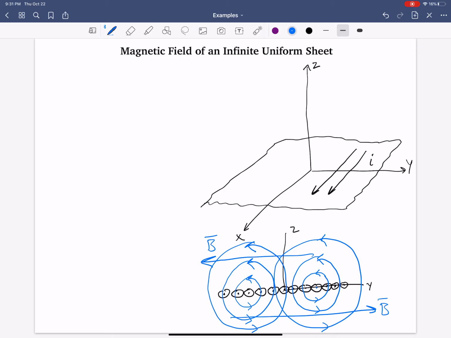That's important for this uniform infinite sheet of charge. Up and down in the z direction, they cancel out at all points. For all y values and all x values, they cancel out. But they do not cancel out for all z values, the heights, in other words. So now let's use Ampere's law to determine the magnitude of the magnetic field.